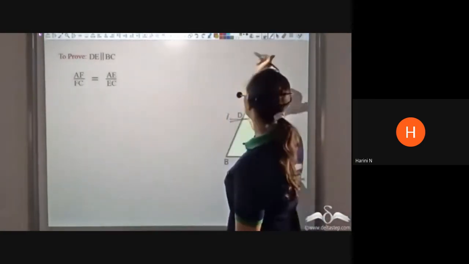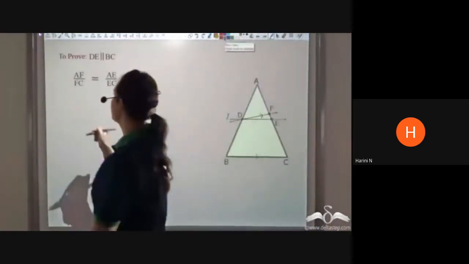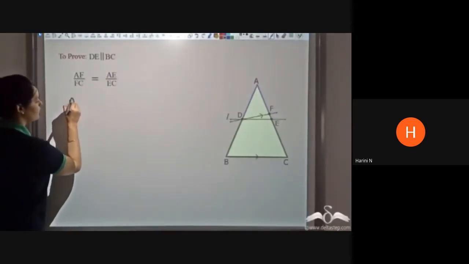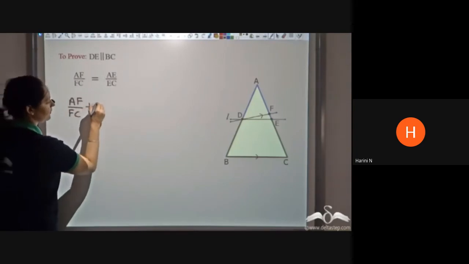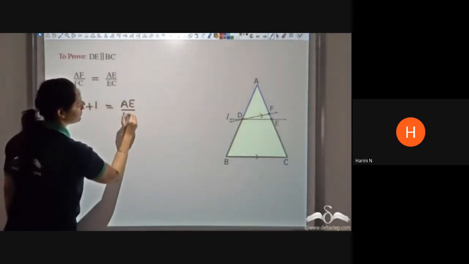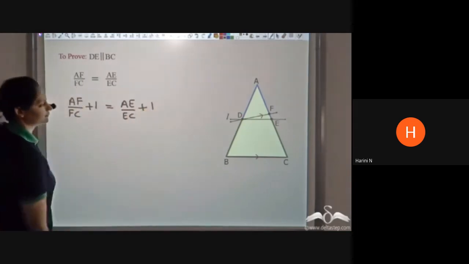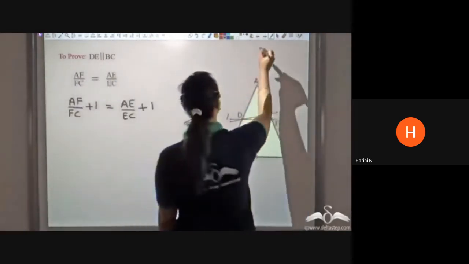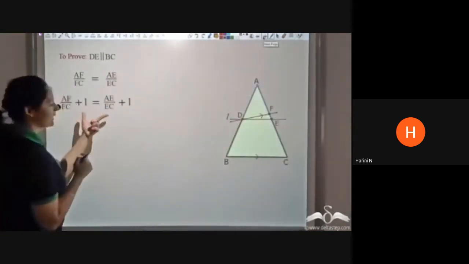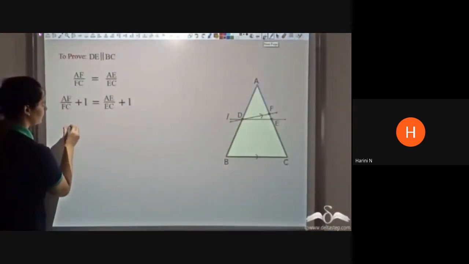Now what if I add 1 on both these sides? That would not change the equality. So let me add 1 to both these sides. If I add 1, I can take the LCM. LCM here would be FC.